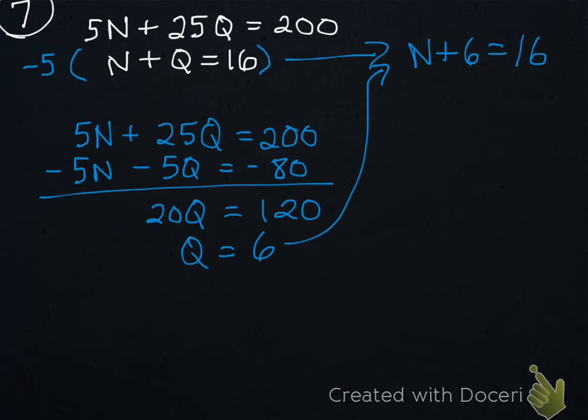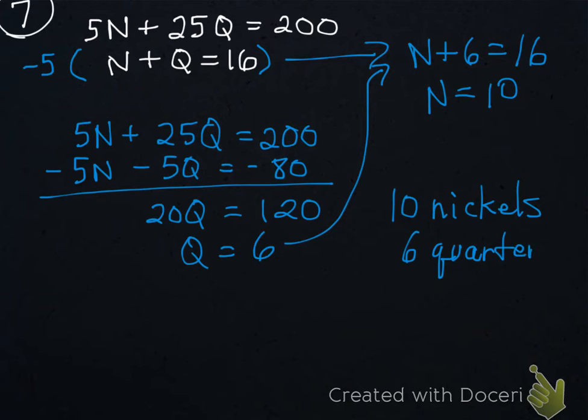So when I plug it in, I move the 6 to the other side, and I get 10 nickels. So remember, in word problems, we need to clearly label our solutions. I have 10 nickels and 6 quarters. Not just 10 and 6, and it's not an ordered pair.